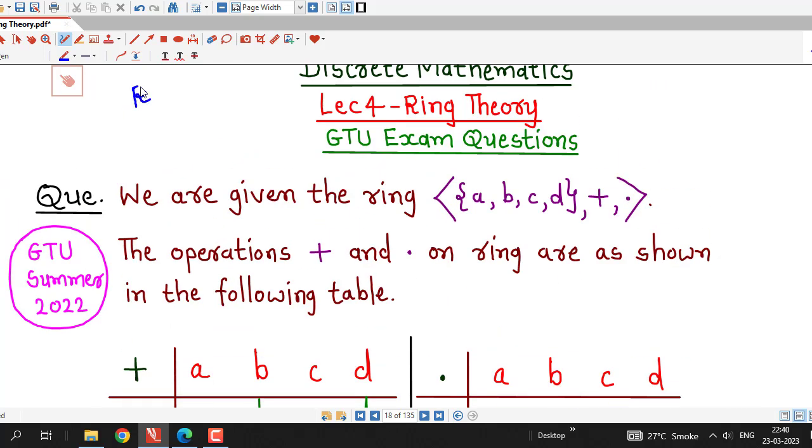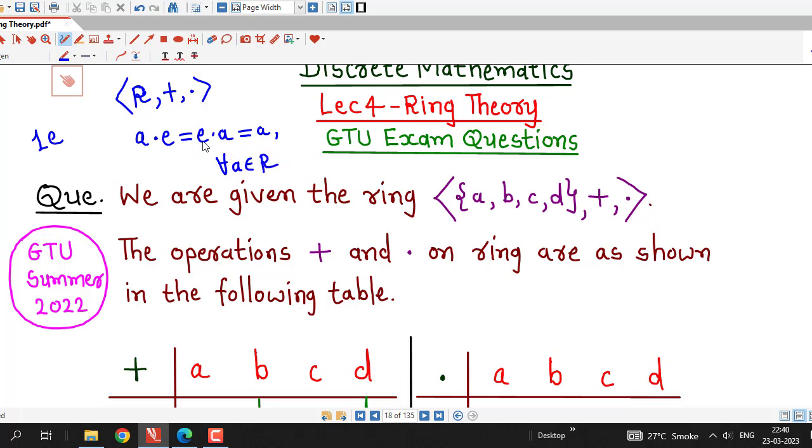Suppose we have a ring R with these two operations, then an element in ring R is called identity of ring R, denoted by 1 or E, such that A into E equal to E into A equal to A for all elements in the ring.